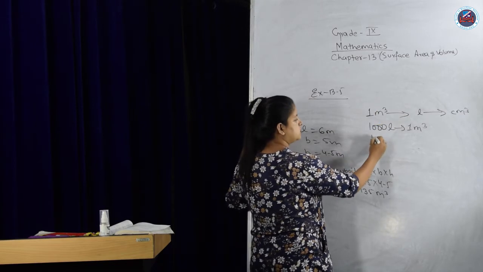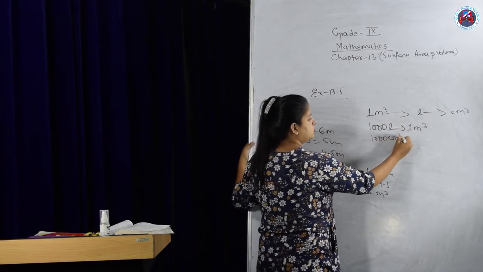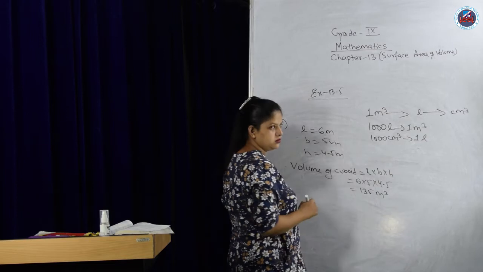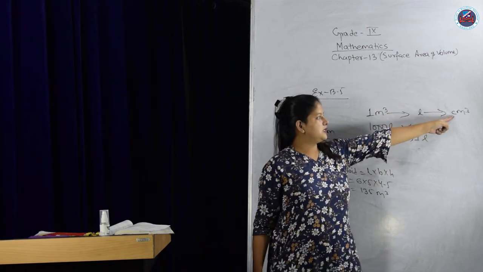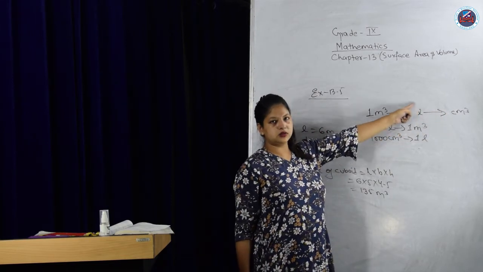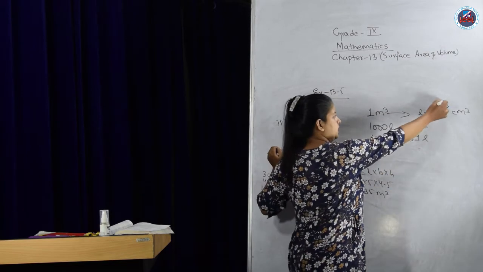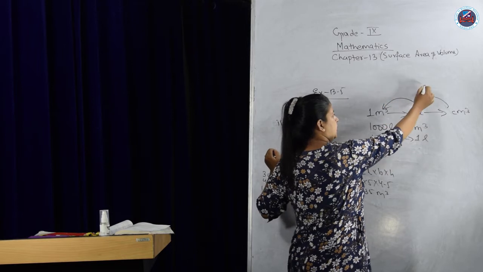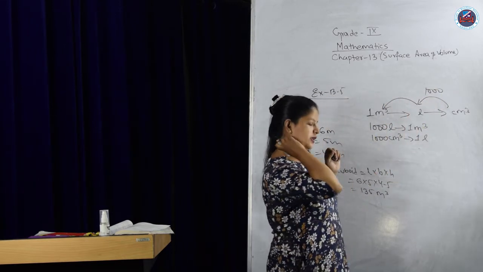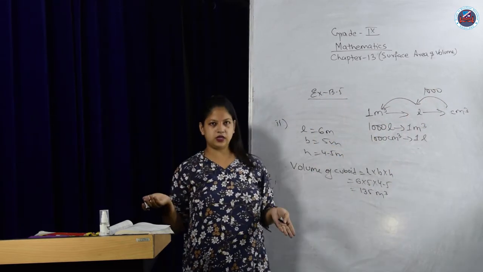Similarly, 1000 centimeter cube will give you 1 liter. So 1000 centimeter cube is 1 liter, and 1000 liter is 1 meter cube. Remember that. It goes this way: by 1000, multiply. If you change the direction, it will be dividing, obviously.